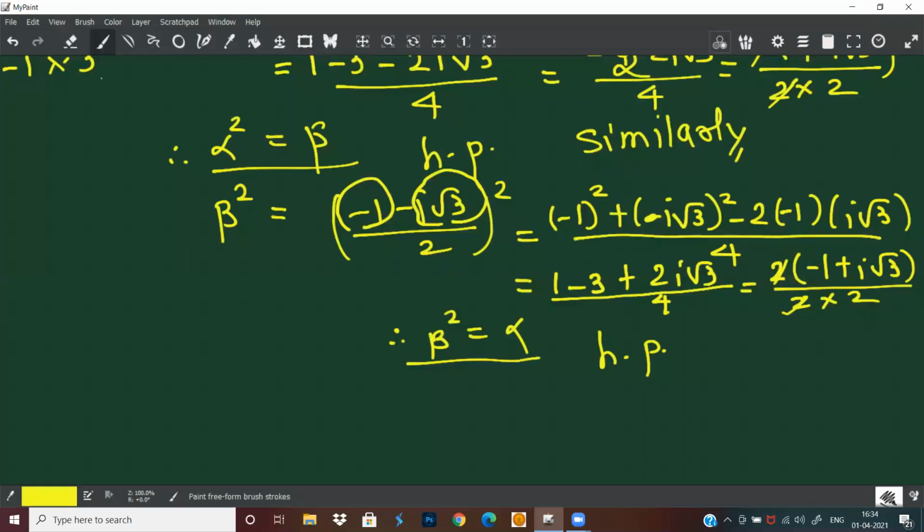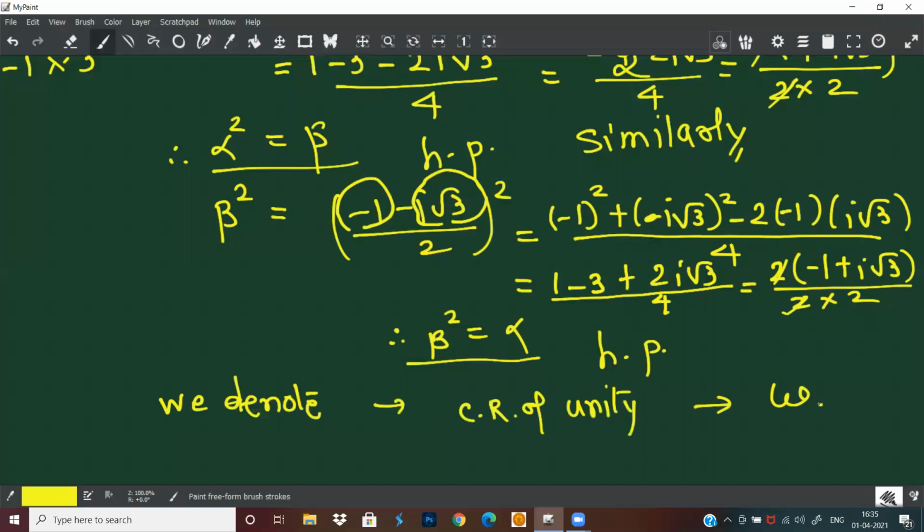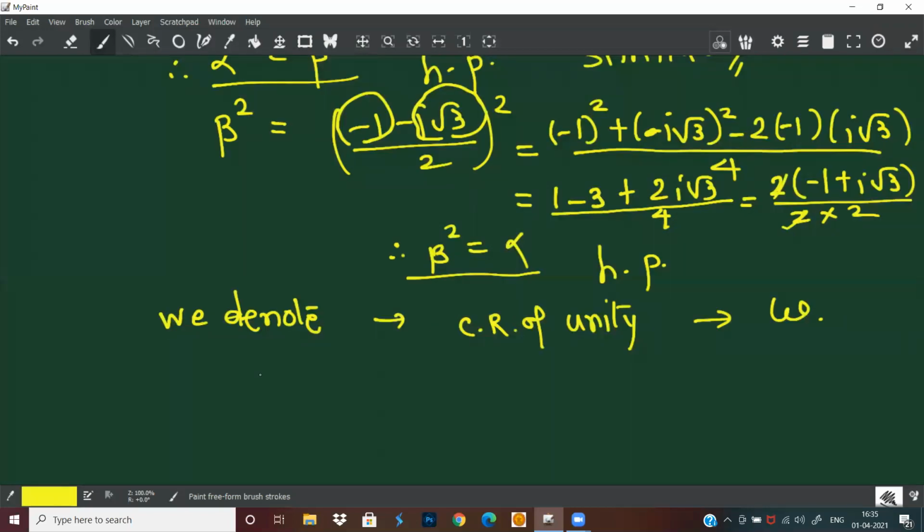You know, normally we denote cube root of unity by writing omega. You must have heard of this, omega. So what would be the properties of omega?